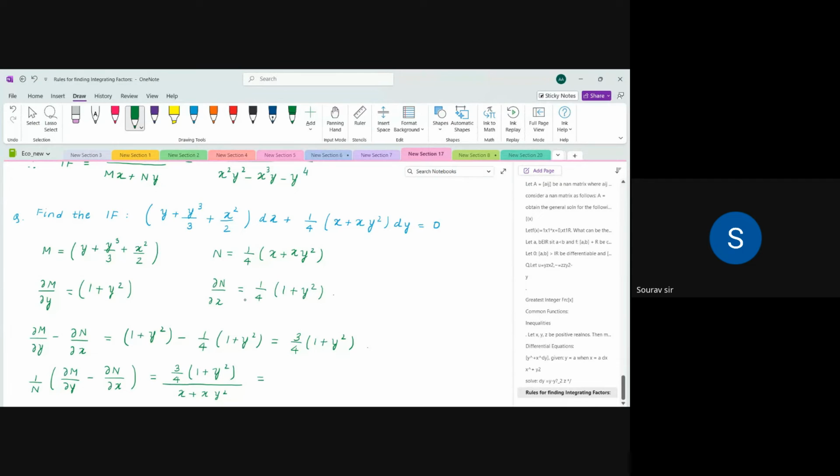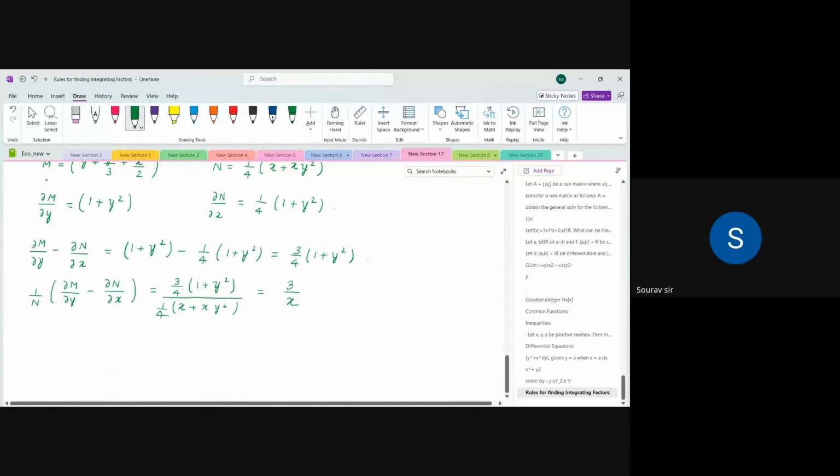Yeah, we have this 1 by 4, so this will become 3 by x, correct? Which is some function of x.